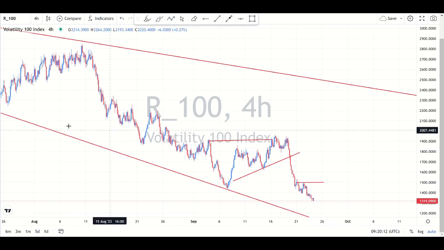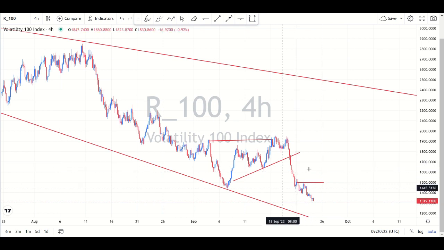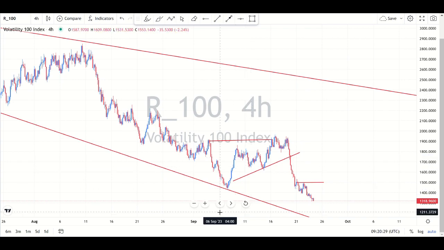Just like the way the market finished, once it taps it goes into correction and then sells more. So we are expecting an overall buy correction on VIX100 until the long trend has been confirmed. So that's it for VIX100.